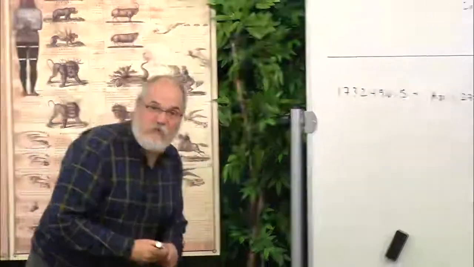Does that make sense to people, what we're doing with this Julian day number? It's just counting the number of days from January 1st, 4713 BC. Now, what we're going to do is count 1,260 days from this.